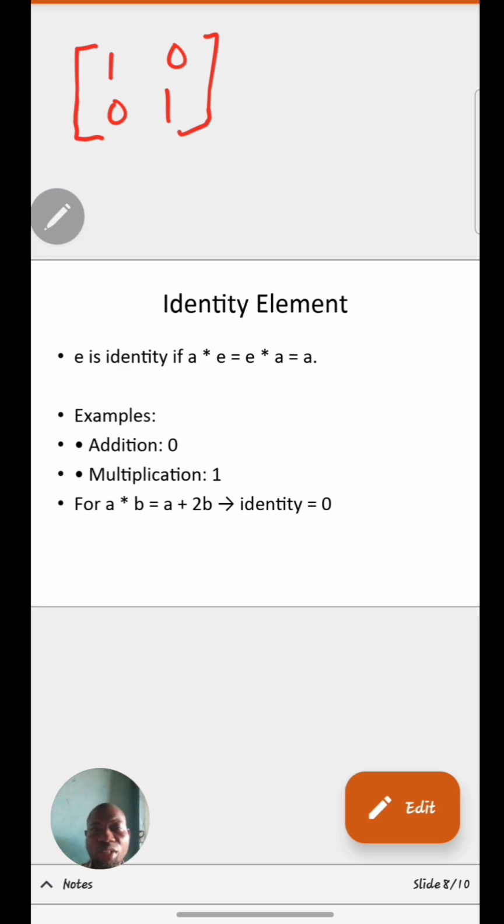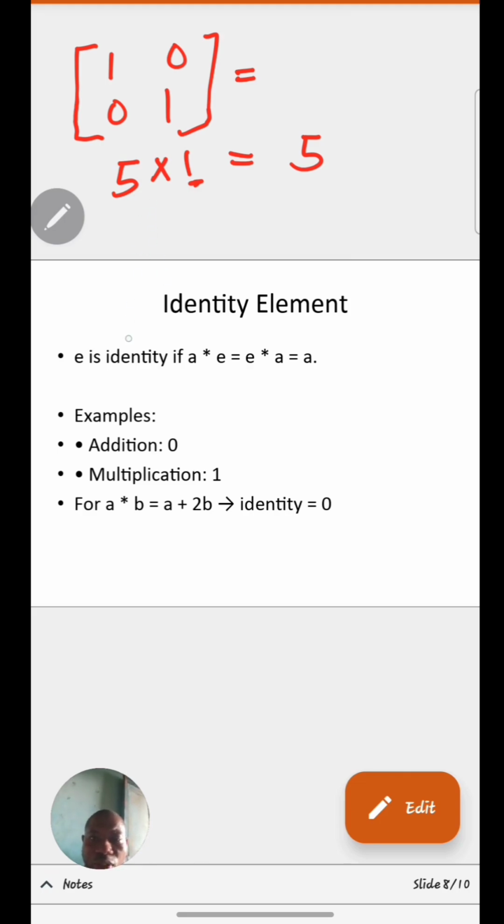In matrices, if you multiply any matrix with this particular matrix, you will get the same matrix. Also, when you multiply a number by 1, you get the same number. So 1 is an identity element for multiplication because it's not changing the value of that number.